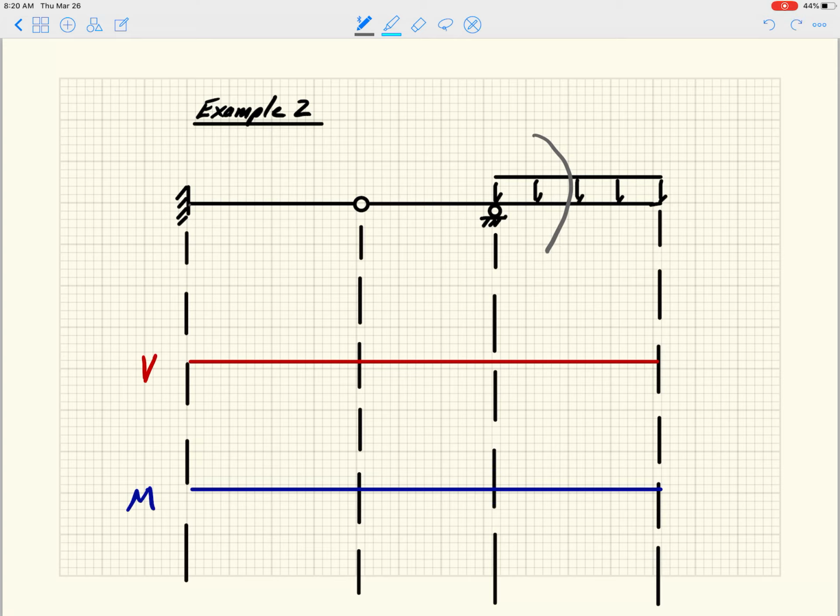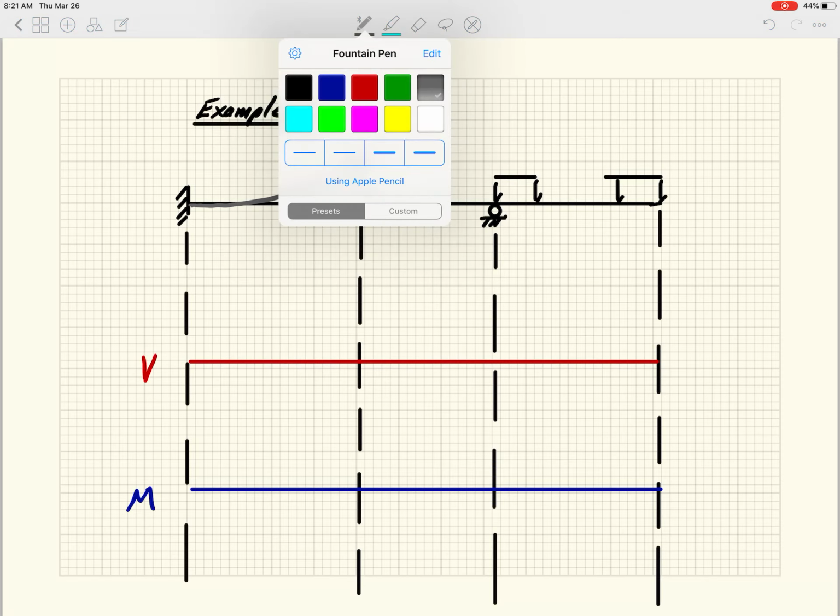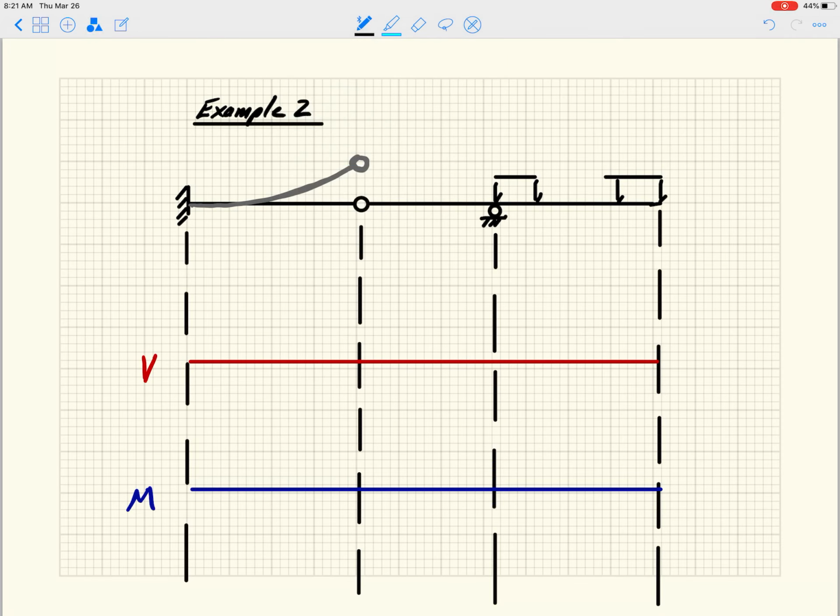And that beam is actually resisted by this portion of the beam that's going to move upwards, right? So, let me try to erase this guy here. Yeah, like that.